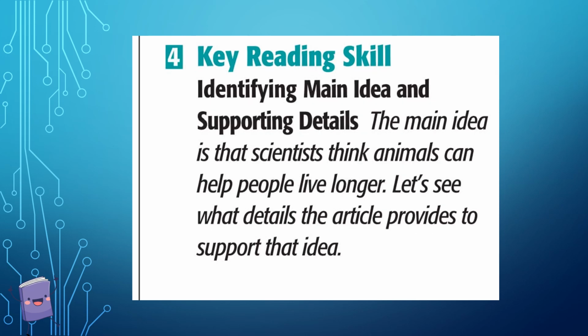Key reading skill 4, identifying main idea and supporting details. The main idea is that scientists think animals can help people live longer. Let's see what details the article provides to support that idea.